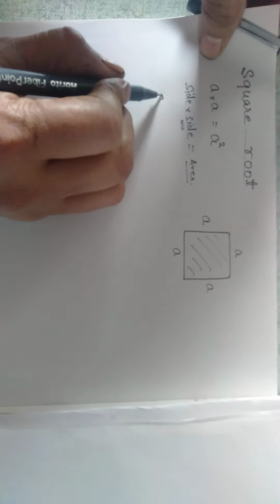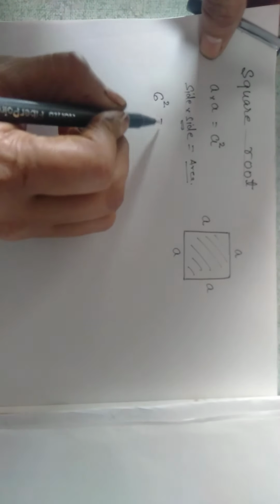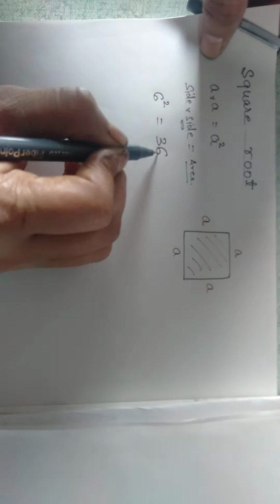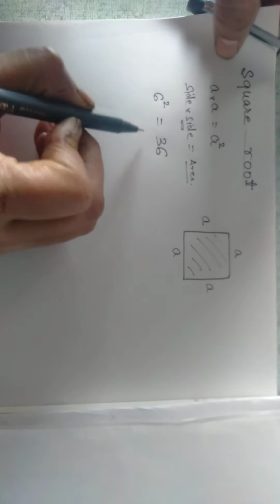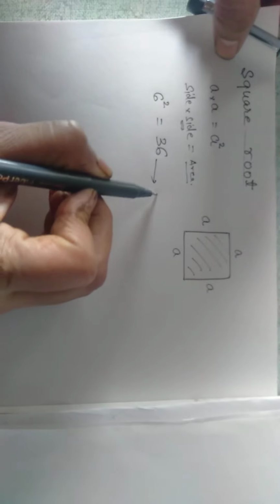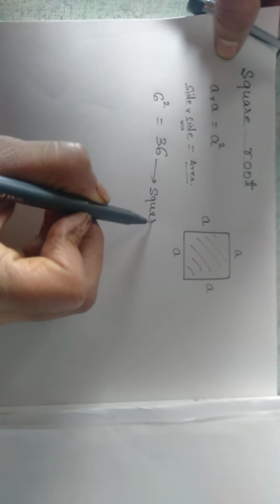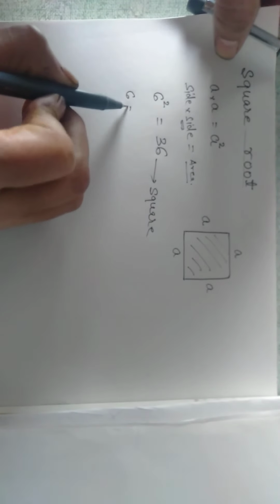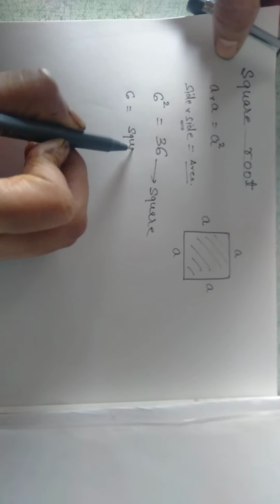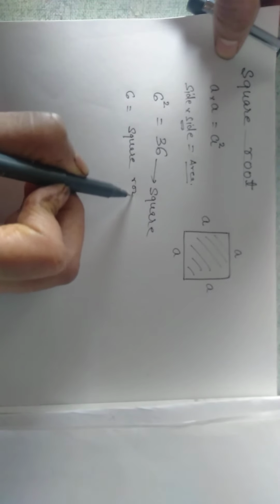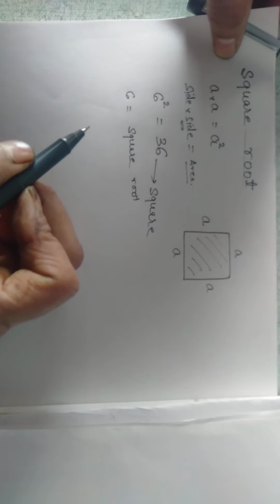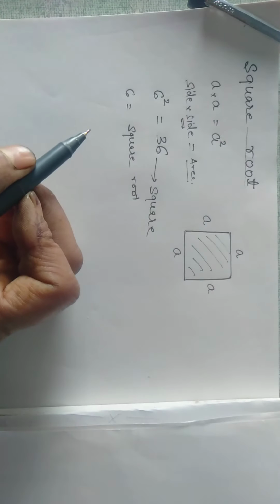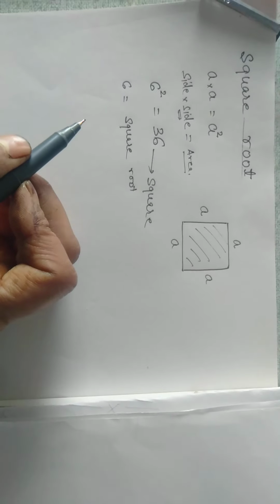For example, we know that 6 square is 36. Then 36 is the square, and 6 is said to be the square root of this particular number 36.